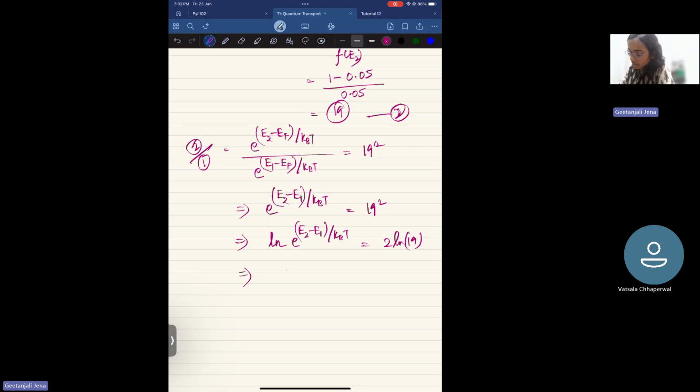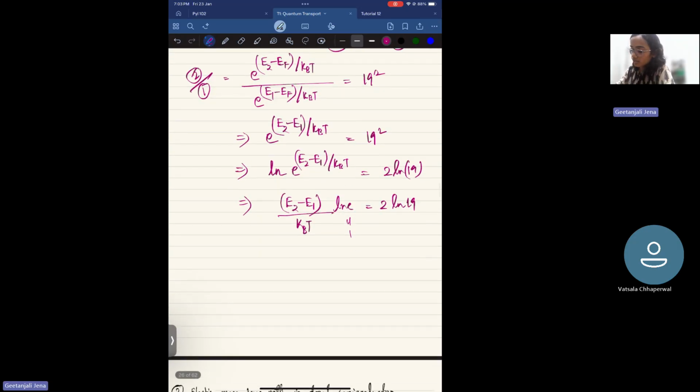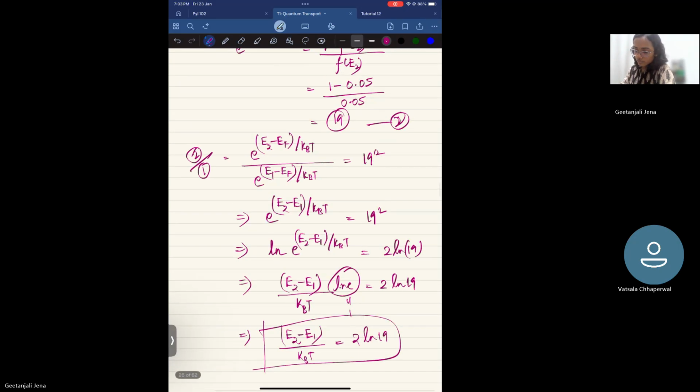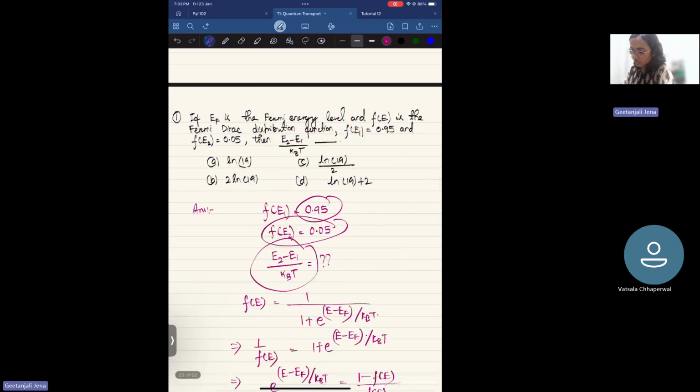So (E2 minus E1) by KBT is 2 ln 19. The answer to this question is 2 ln 19. I think it's option B.